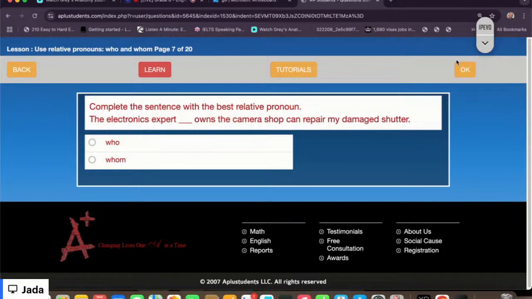Okay? The electronics expert, dash, owns the camera shop can repair my damaged shutter. So what do you think is the right one here?